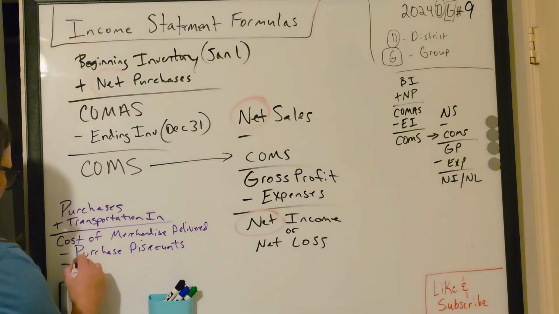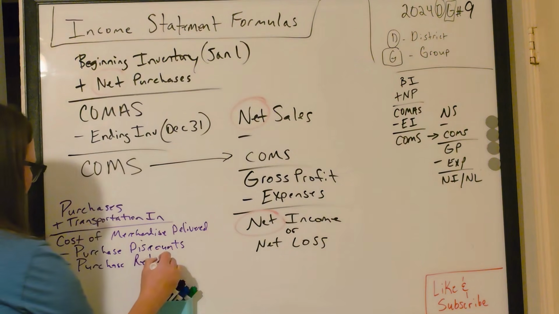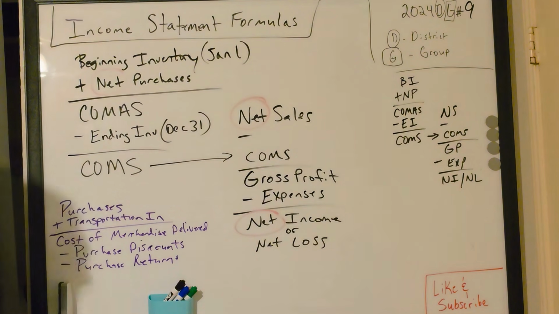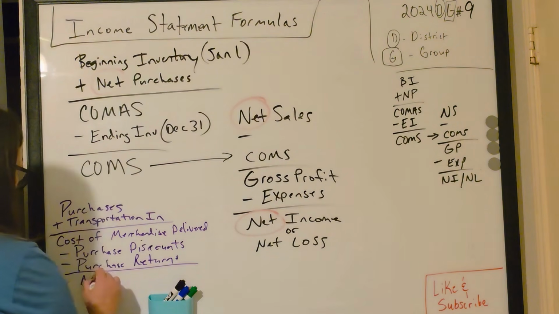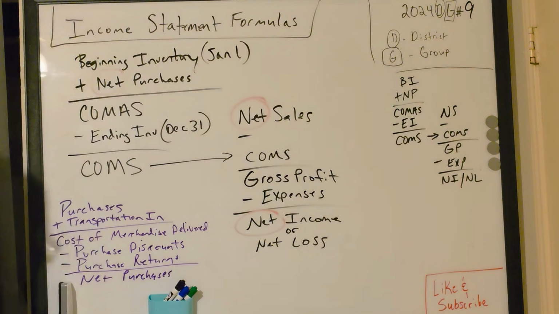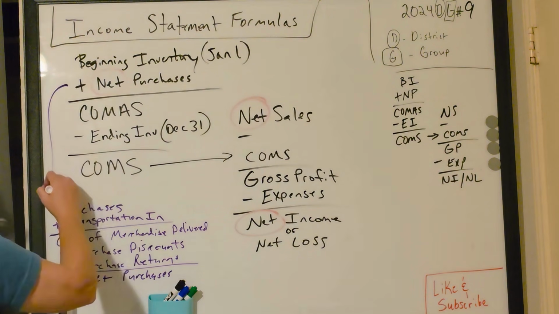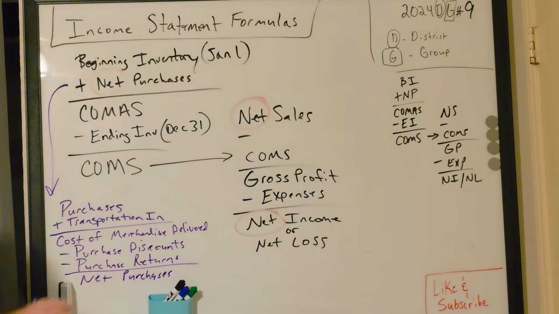And then minus purchase returns. This is if we return something, and so that takes away from what we owe. This gives us net purchases. Okay, so to find this, you have to also do this to get that.